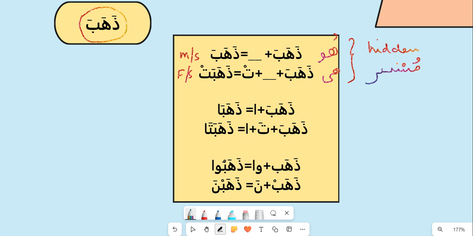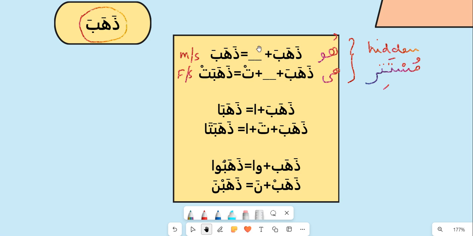So mustatir in Arabic is the same as in English you say hidden. So where is the pronoun hidden? It is hidden inside the verb dhahaba. But now question arises, how are you going to distinguish that dhahaba is used for a male singular and the same dhahaba is being used for the feminine singular?